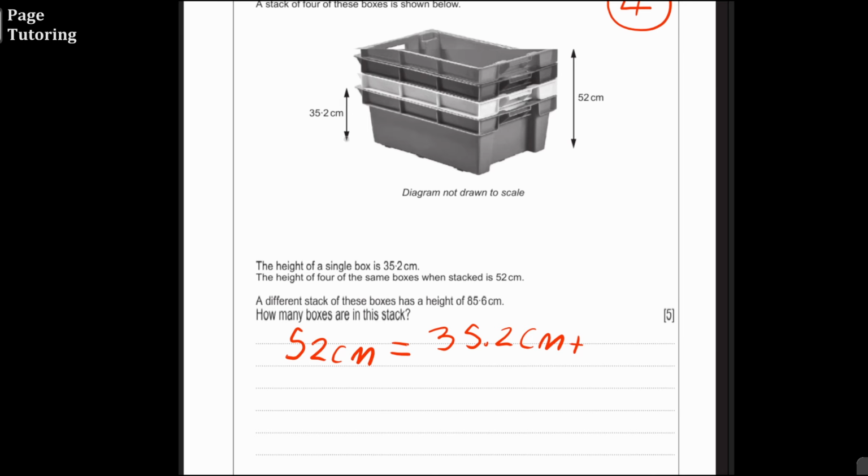Well, our initial height goes from the bottom of that box there up to the top. But then each time you add another box, you're just adding the height of this lip here, what we're going to label L. So lip there and a lip there.